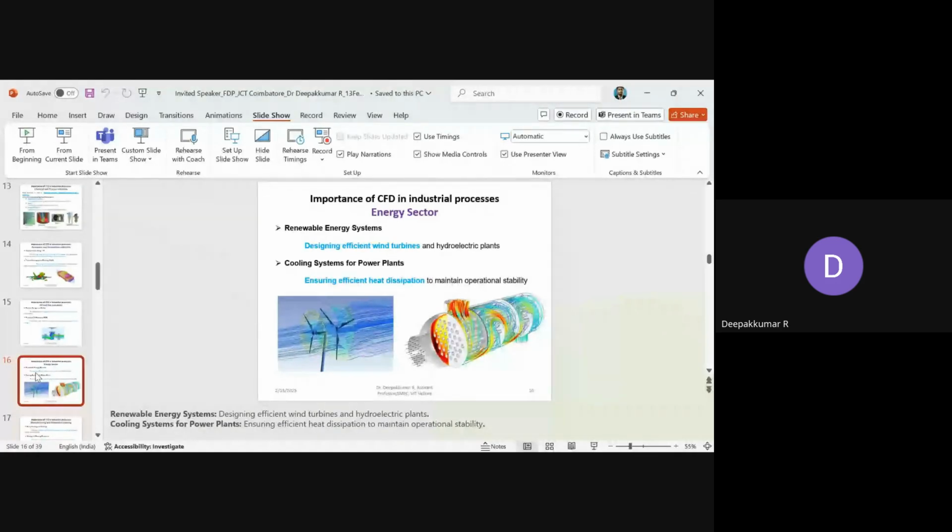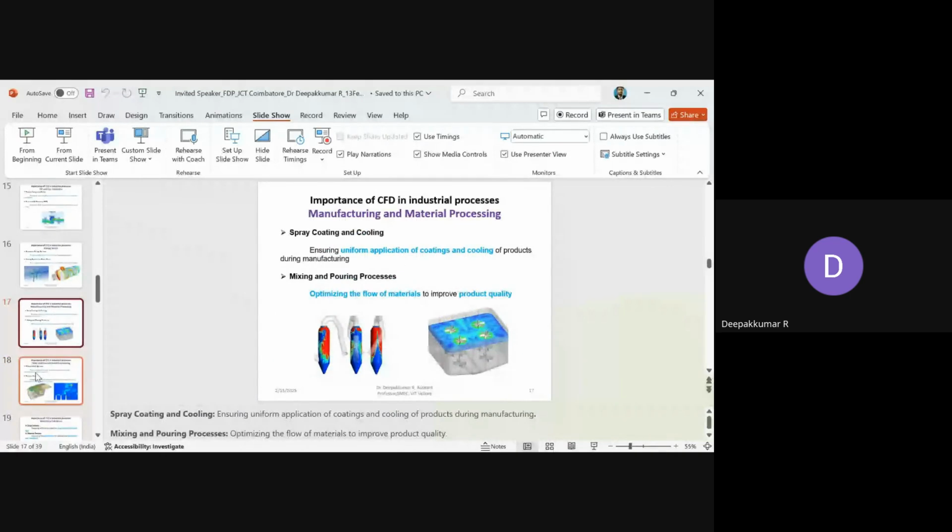Generally, air and water are very common fluids. And apart from that, lubricant oil, petroleum products, refrigerants, so many fluids are available in industrial processing systems. So you can apply these CFD concepts. It will be very useful for understanding the physics of the particular system and improving the system performance.